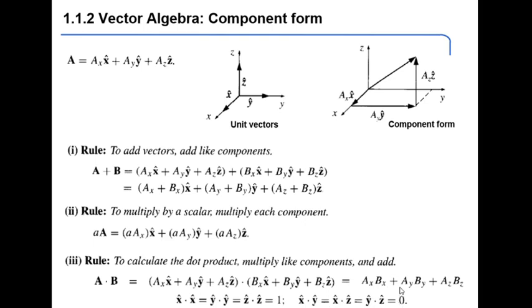So the final product will be AX dot BX, the product of the x components, plus the product of the y components plus the product of the z components. So it will be a numerical value because it is a scalar product. This is said to be a scalar product. Okay.